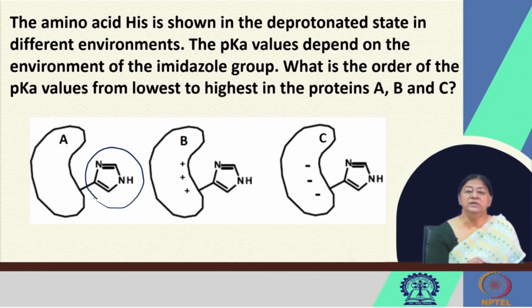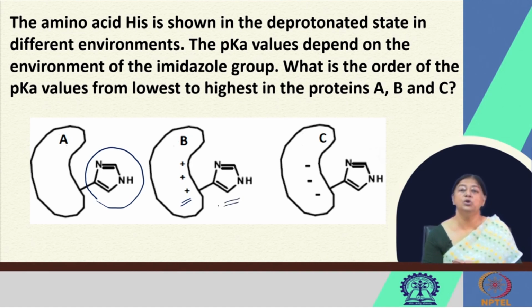If we have a positive environment, then it is unlikely that the imidazole group is going to hold on to its proton, because we already have a positive environment there. So, an additional proton is not required.